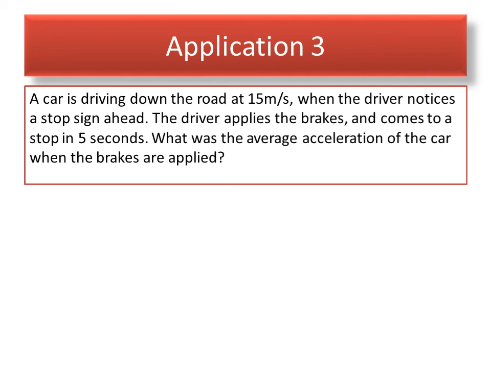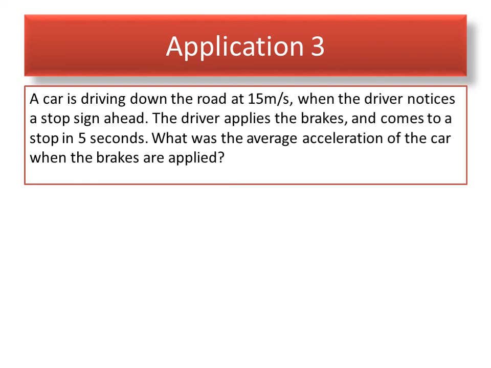What is the average acceleration of the car when the brakes are applied and the car stopped? So V1 is 15 meters per second, initial velocity. Final velocity is 0 meters per second because it stopped. It took 5 seconds to come to a final stop, and the acceleration is V2 minus V1 over time.